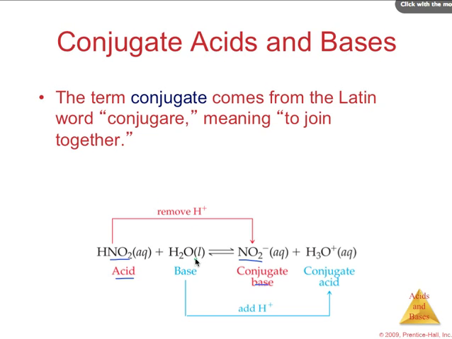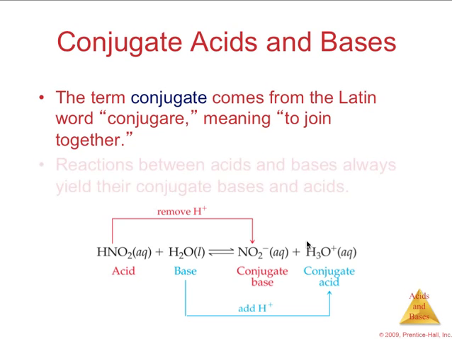If you notice between here, the other two components, this water molecule has gained a hydrogen proton, to become this H3O+. This is the base because it's going to be accepting one, and then once it accepts it, it becomes the conjugate acid.